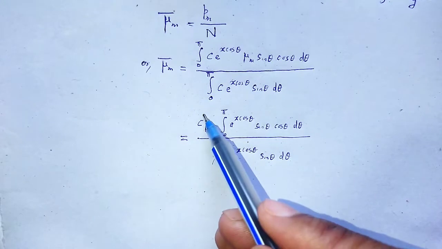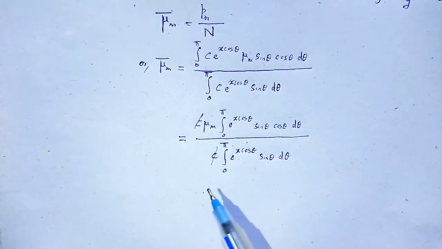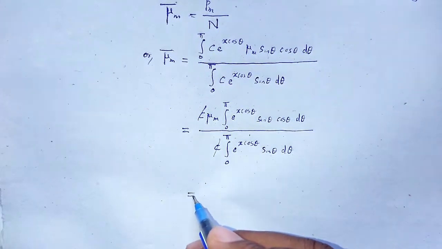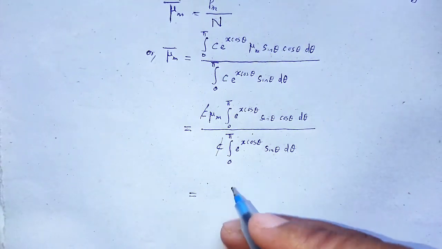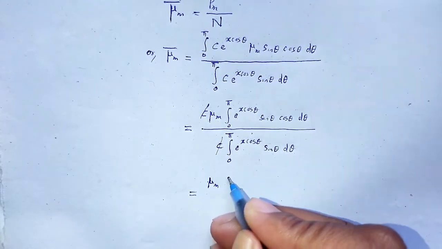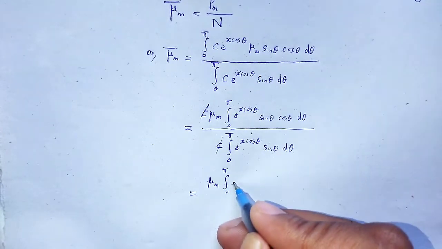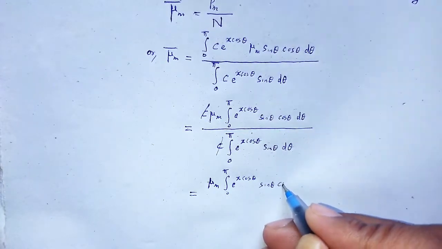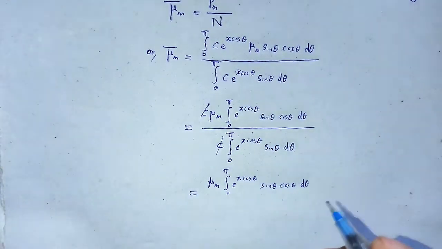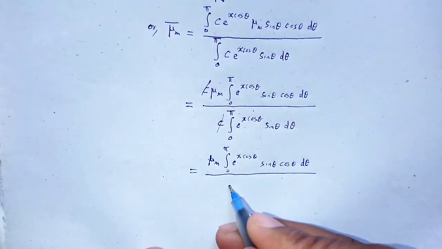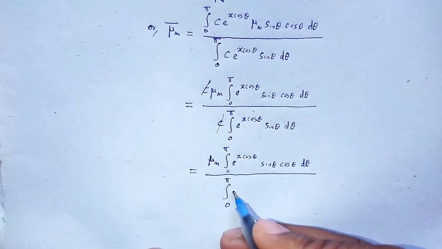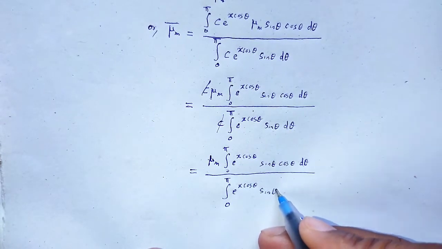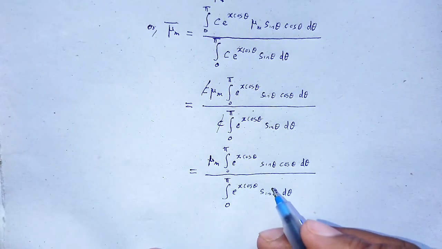Here c cancels out, we have mu m integration over 0 to pi e to the power x cos theta sin theta cos theta d theta divided by integration over 0 to pi e to the power x cos theta sin theta d theta.